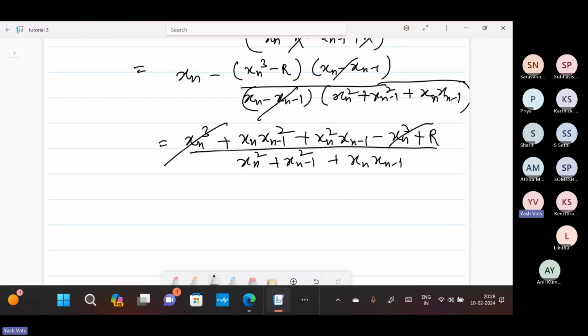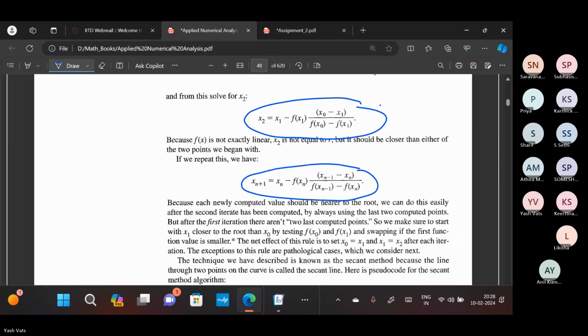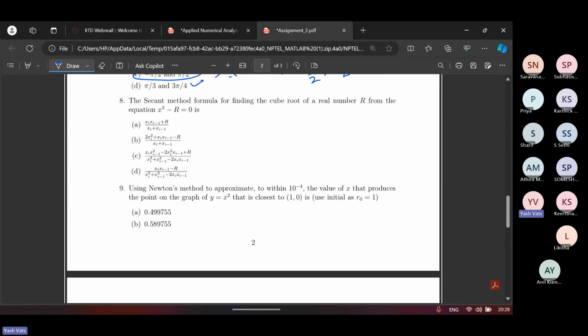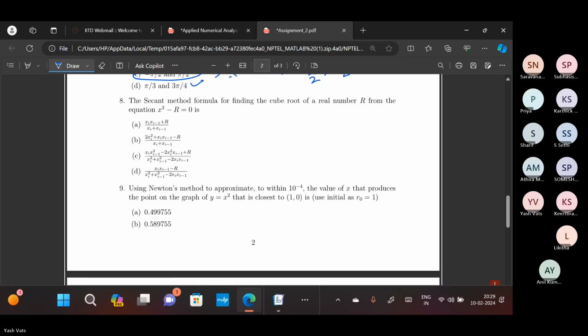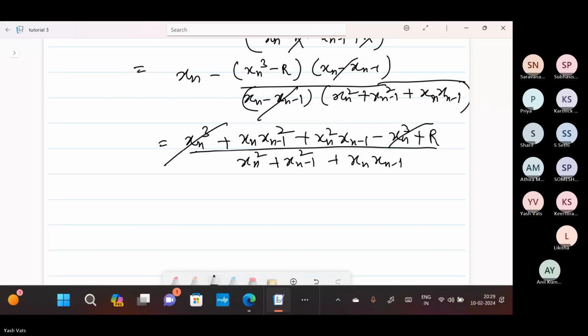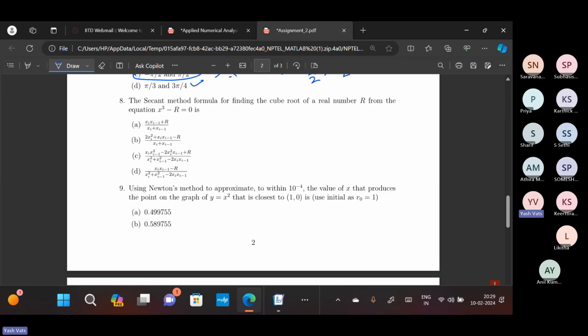Okay, so what's the answer? What's the answer now? Tell me. I think C is the right one. Oh, okay.